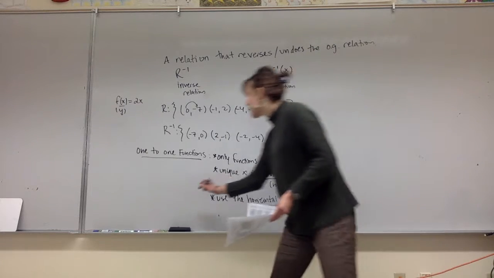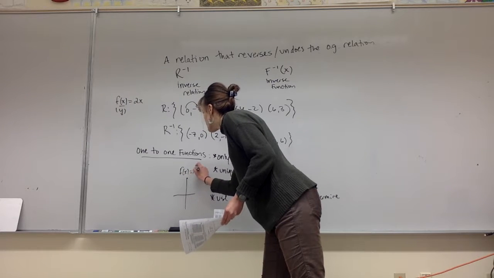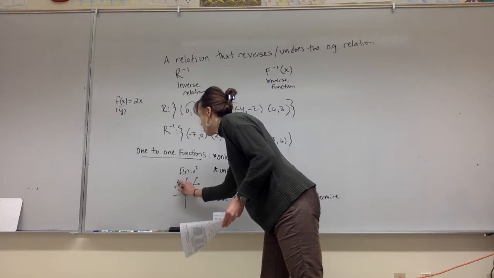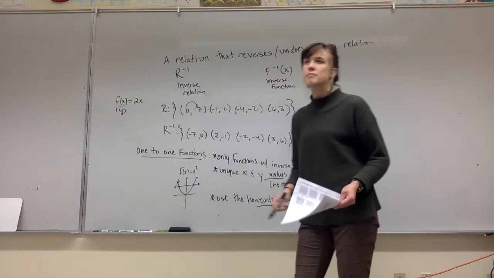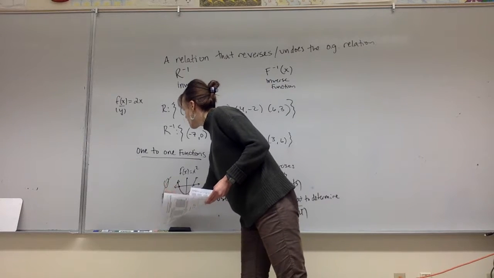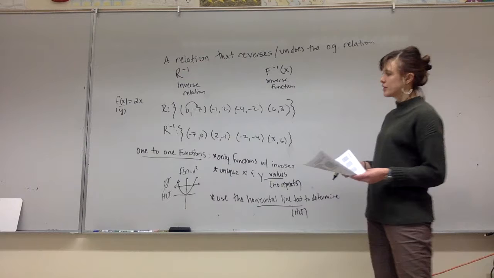Yeah, so if I have a parabola here, I have my parent function f of x equals x squared. My horizontal line test would fail because I have two y values that are the same on that line. This would not pass the horizontal line test, and it would not have an inverse.